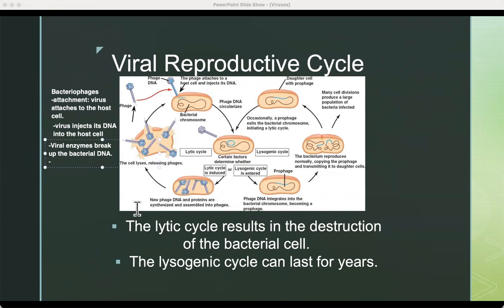So at the bottom, it says new phage DNA and proteins are synthesized and assembled into phages. So basically what that means is the virus has taken over the bacterial cell and it needs the enzymes inside that bacterial host in order to make more viral genetic information and proteins.